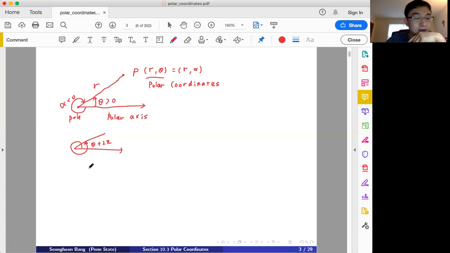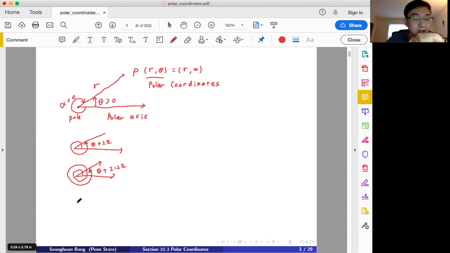This is possible. Another one we can measure like this: one revolution is 2 pi, two revolutions is another 2 pi, and add theta. Exactly, theta plus 2 times 2 pi. And keep going.